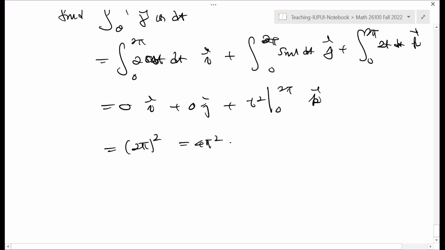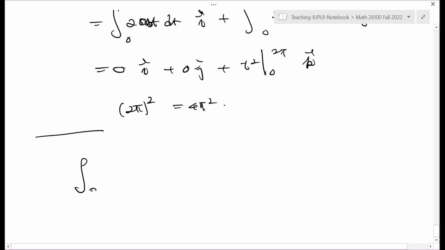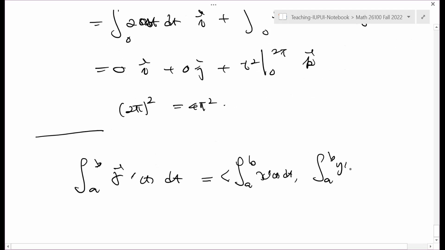Right. So we also have a similar formula in general. If you integrate the vector function, it is still the integral of x prime t dt, the integral of y prime t dt, and the integral of z prime t dt.